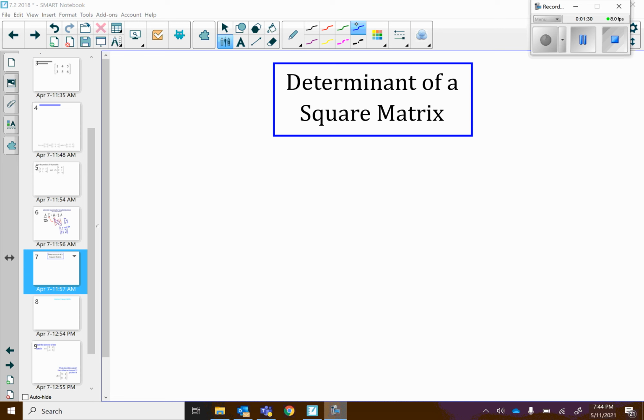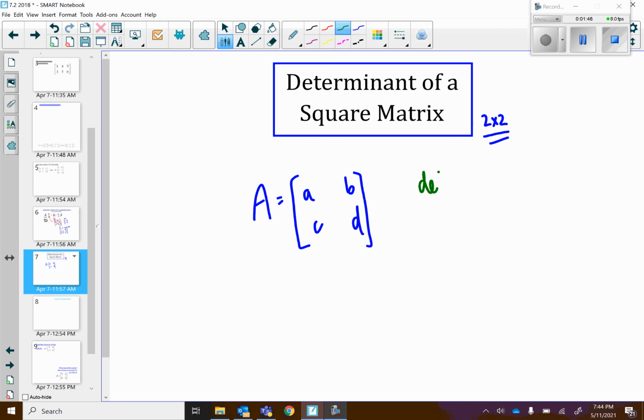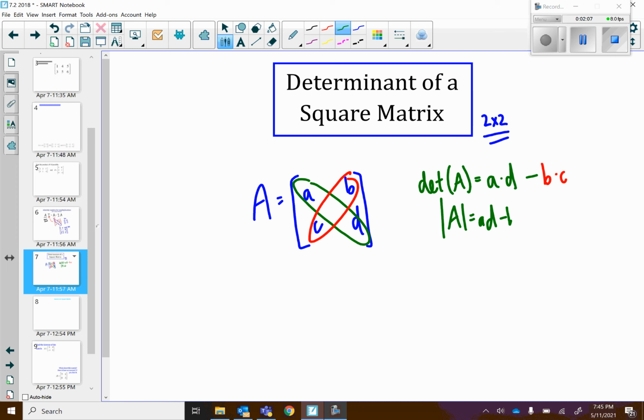Next thing we're going to talk about is the determinant of a square matrix, and specifically a 2 by 2 matrix. Let's say matrix A is components A, B, C, and D. The determinant of matrix A is equal to A times D minus B times C. Sometimes we denote this as the absolute value of A, so AD minus BC.